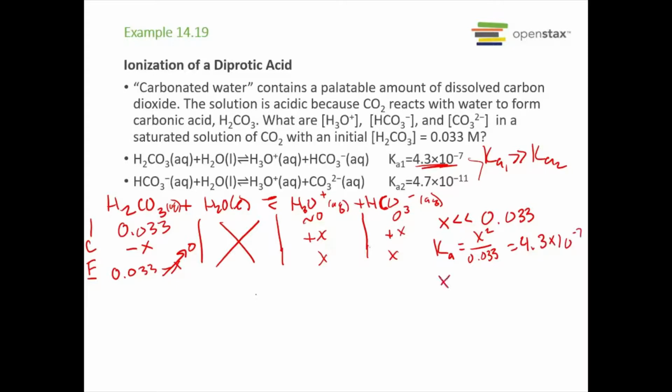Solving for X, that gives us a concentration of 1.2 times 10 to the negative 4th power. So this now gives us our bicarbonate, which is HCO3 minus, and our H3O plus concentrations.